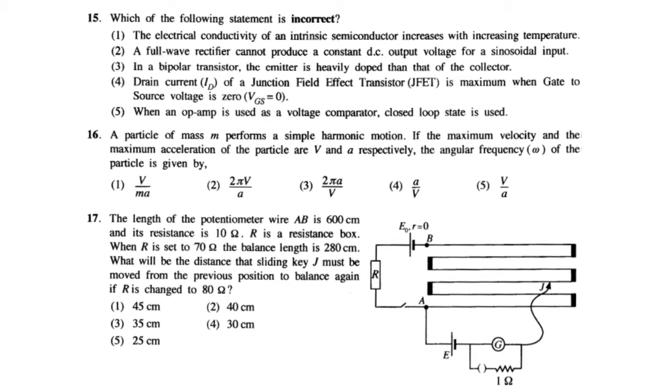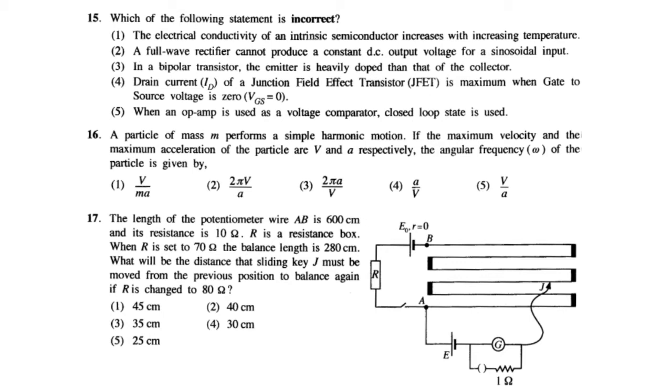In the working of a JFET, VGS is less than 0, that is, VGS is to be reverse biased. When VGS is 0, the JFET is in the saturated region. So, a large magnitude of current will flow through the channel. ID is maximum. 4 is right.